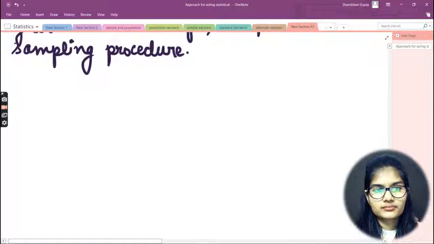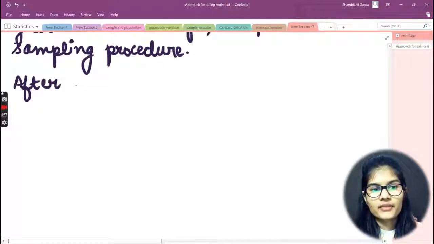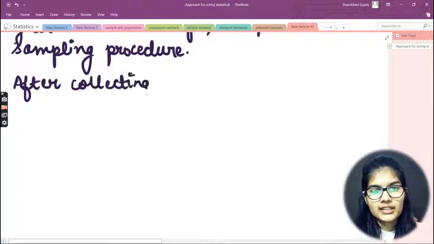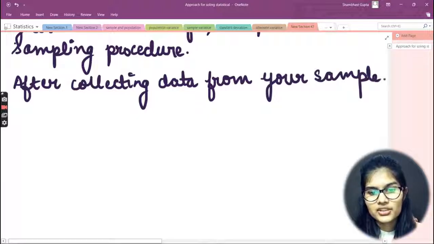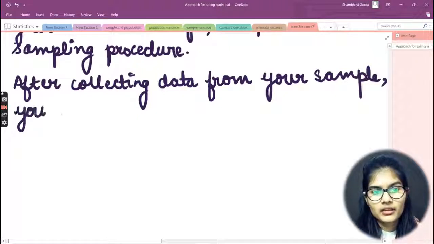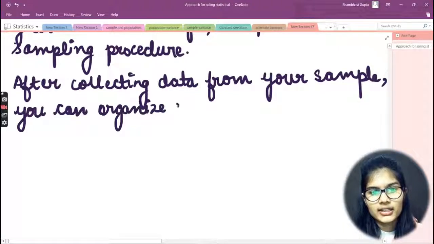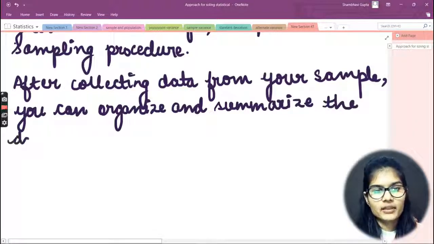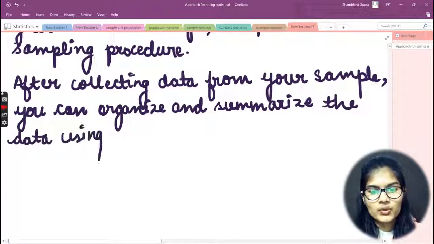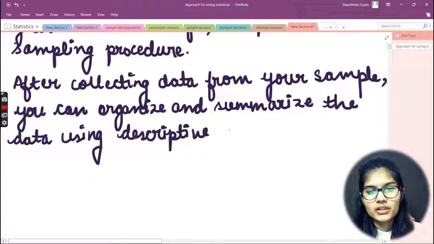Then next, after collecting data from your sample, you can organize and summarize the data using the descriptive statistics.